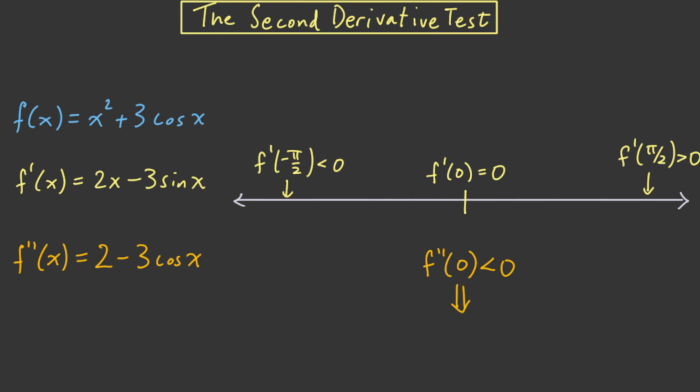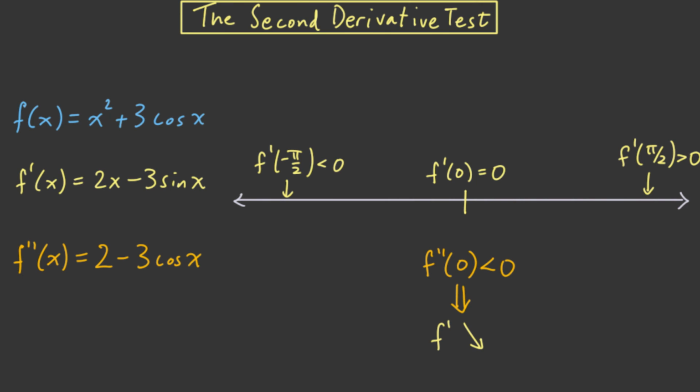And the fact that it's negative tells us that f prime is going downward near 0. And since we're only talking about local mins or local maxes, near 0 is really all we care about. So f prime will be bigger just to the left of 0 and smaller just to the right of 0.